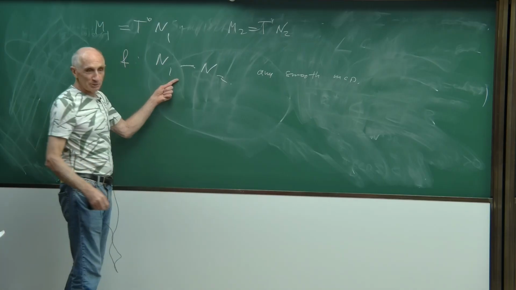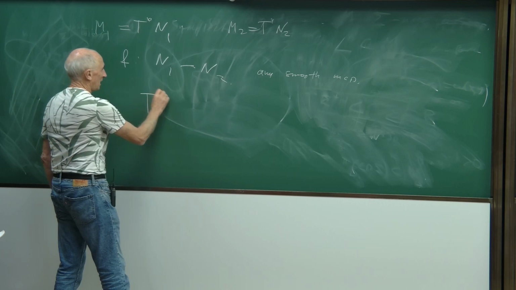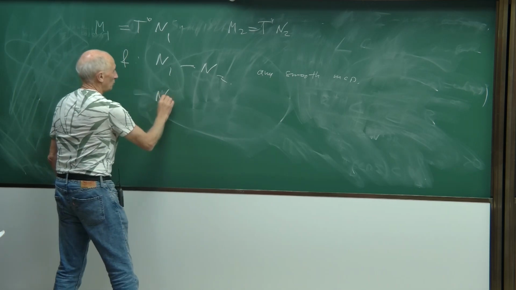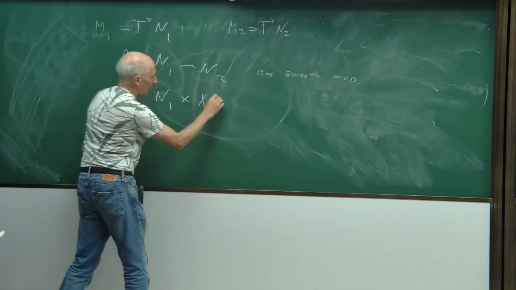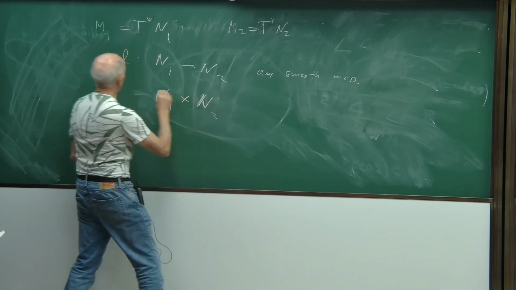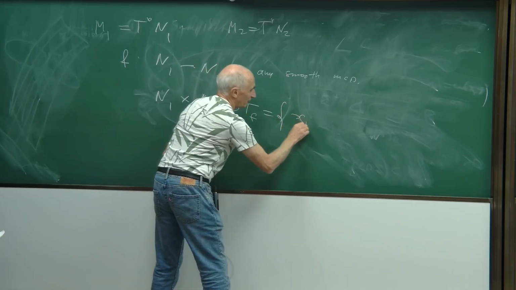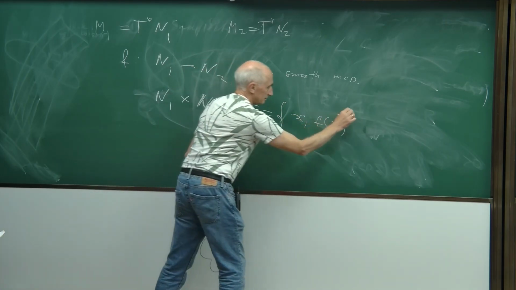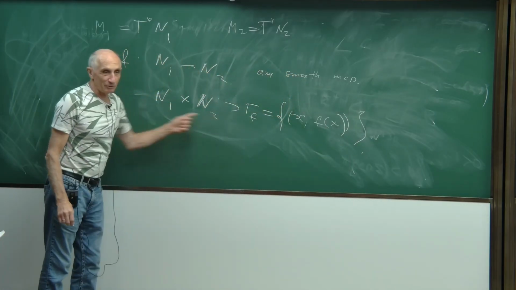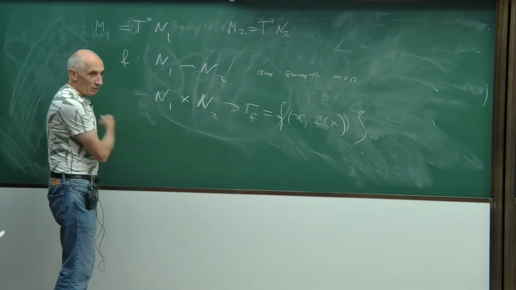With this smooth map, you associate the following Lagrangian. First of all, take N1 cross N2, and in N1 cross N2, you take the graph of F. It's the set of points (x, F(x)), so it's a submanifold in this one.